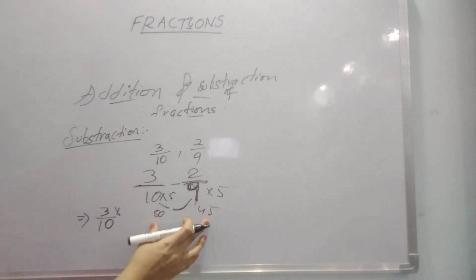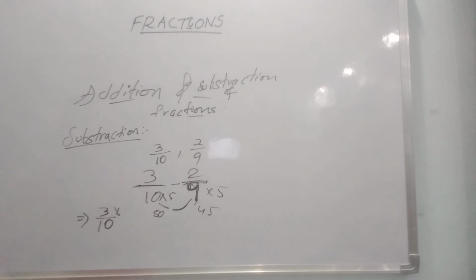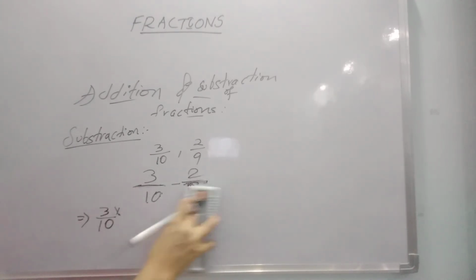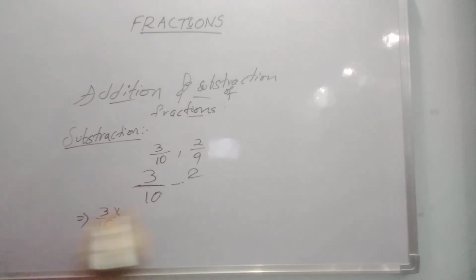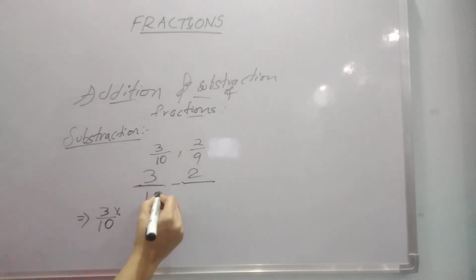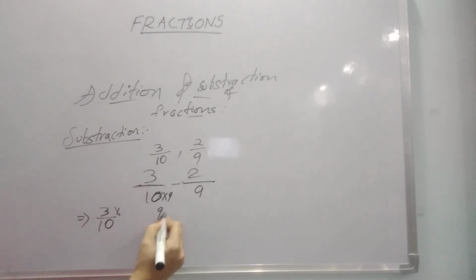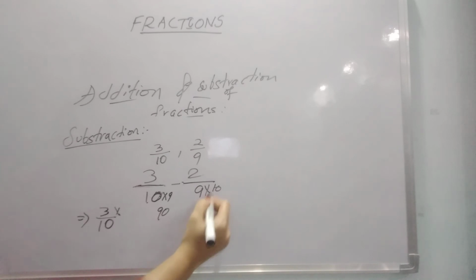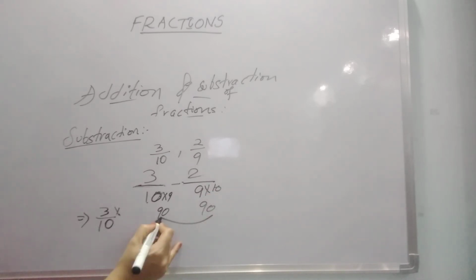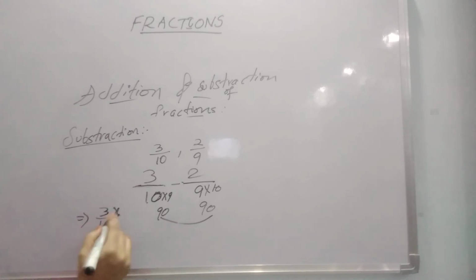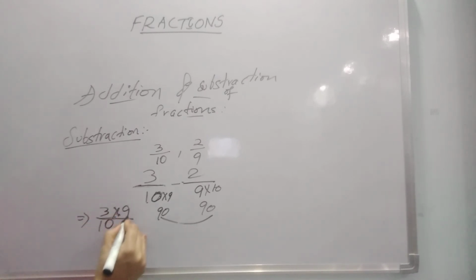Are the two denominators same? No. So we take some number and multiply. If the denominators become the same, then we multiply by that number only. So here 10 nines are 90 and 9 tens are 90. The two denominators are same. So we multiply by 9 only.